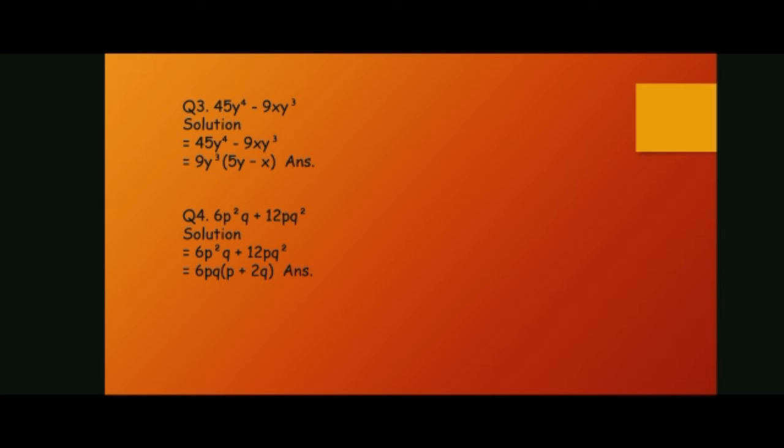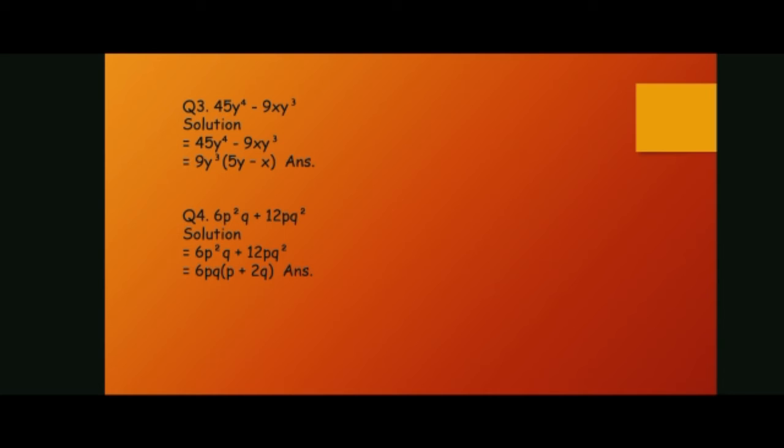Now question number 4, 6p square q plus 12pq square. Again we need to take something as common. We have taken 6pq as common because these are the variables present in both terms. The remaining terms are in this bracket. 6 ones are 6. There are 2 p's, 1 p is outside of the bracket, therefore the second p must be in the bracket.